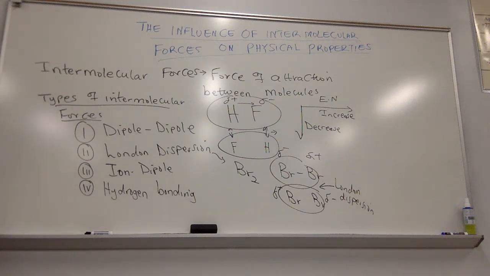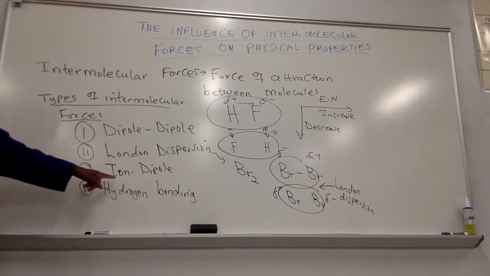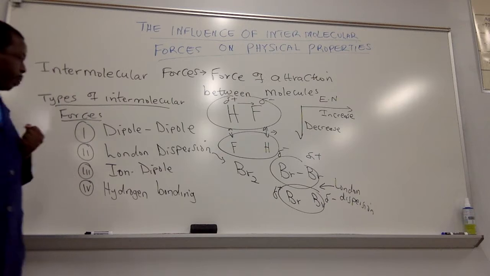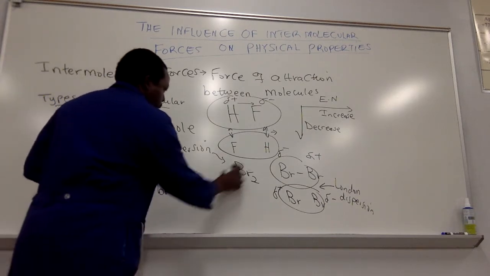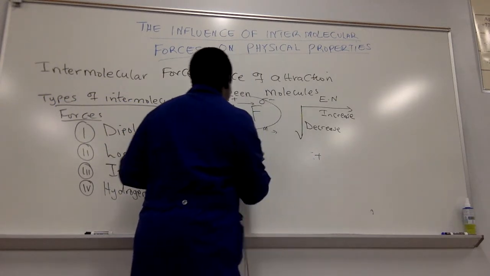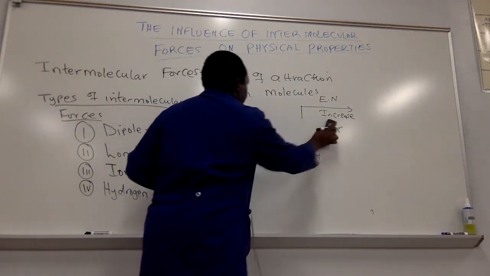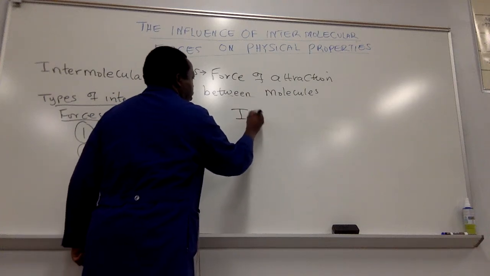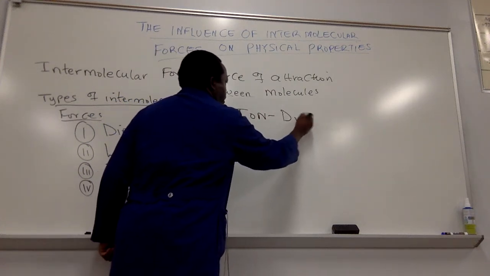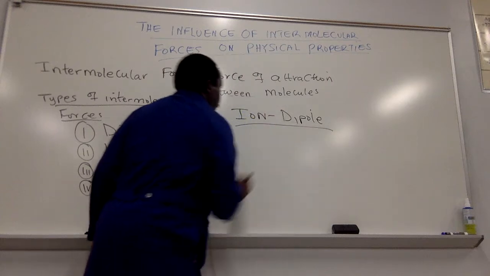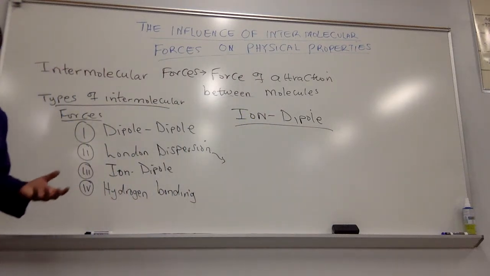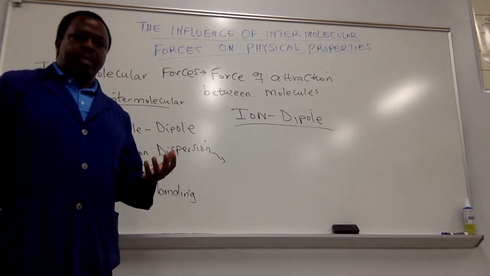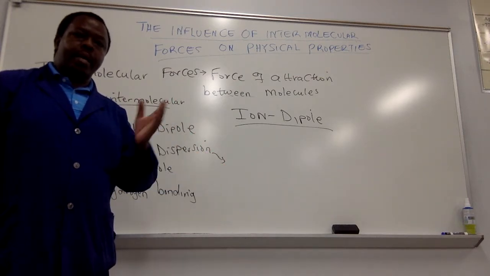For ion-dipole, if you dissolve an ionic compound, then we have ion-dipole force of attraction, from the word ion. You know what an ion is? An ion is a charged particle. It can either be a cation or an anion.